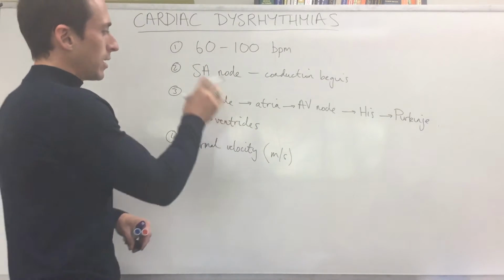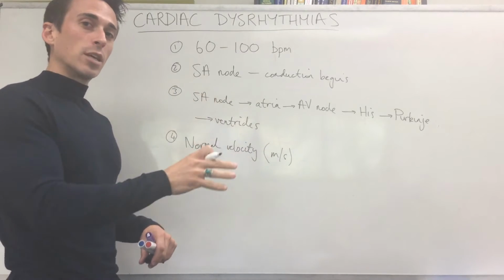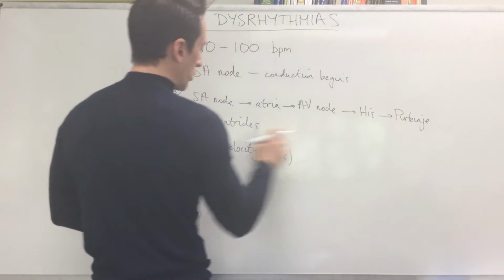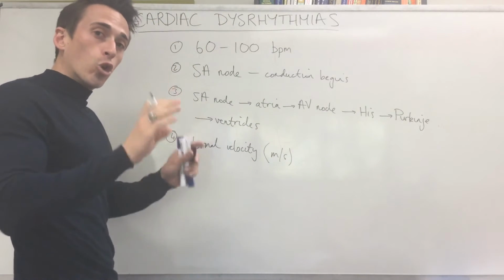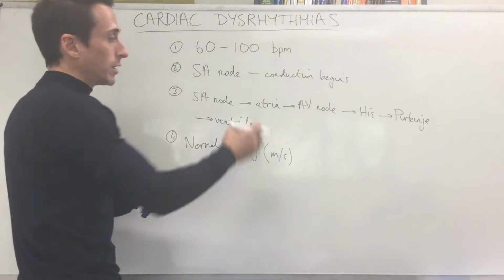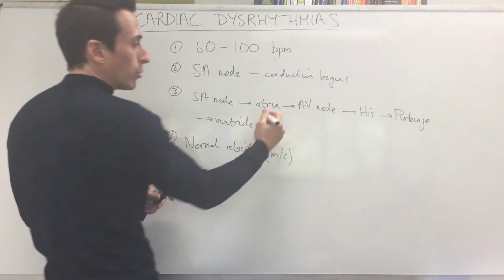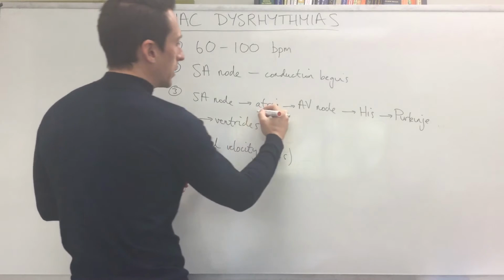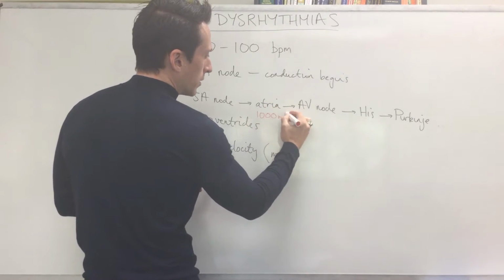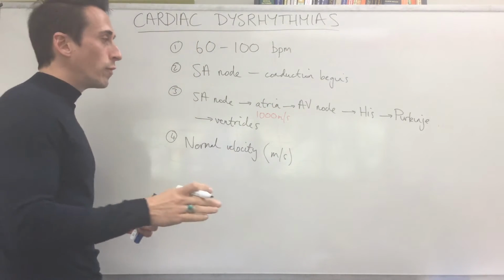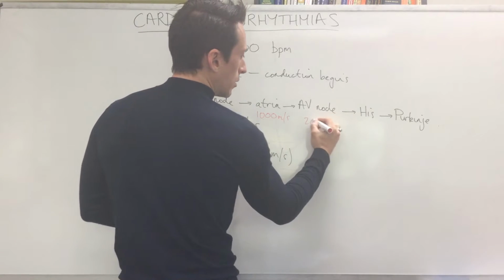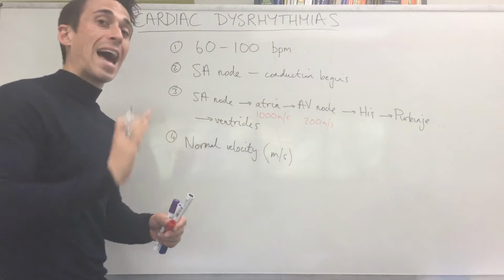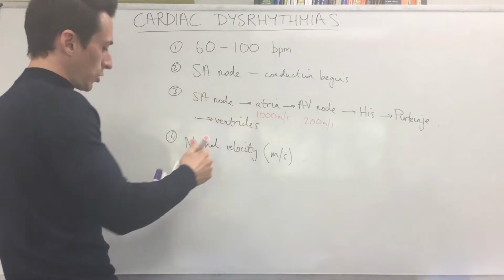That means the action potential or depolarization events should propagate throughout these components of the conduction system at their normal velocity, and their normal velocity is quite different for each one. For example, the normal velocity of the action potential for the atria is 1000 meters per second, and the normal velocity for the AV node is only 200 meters per second. But that's the normal velocity for those particular components of the conduction system.